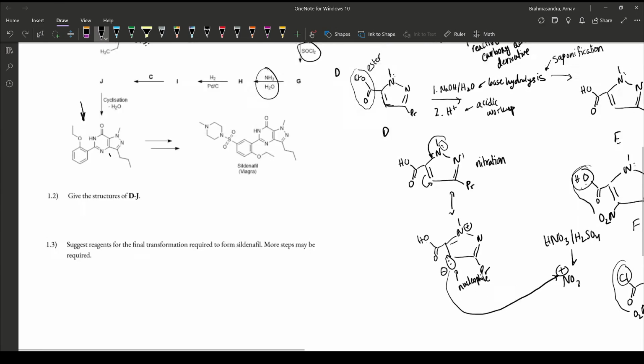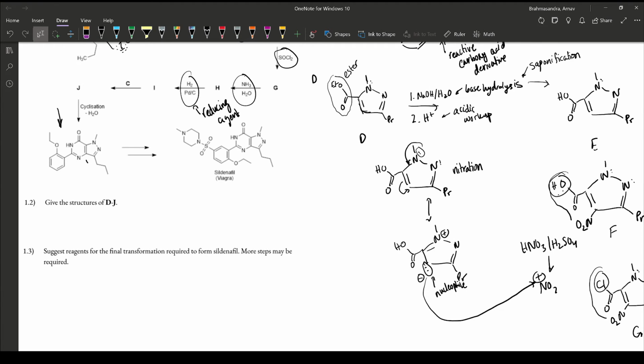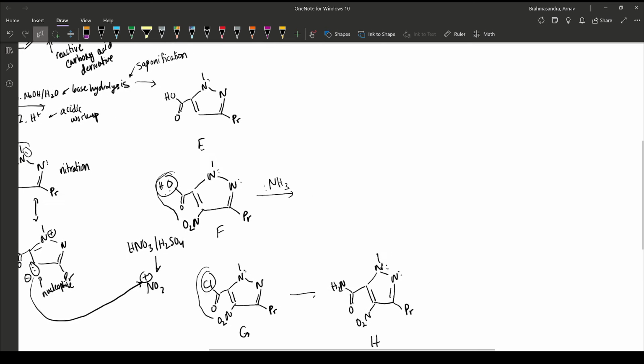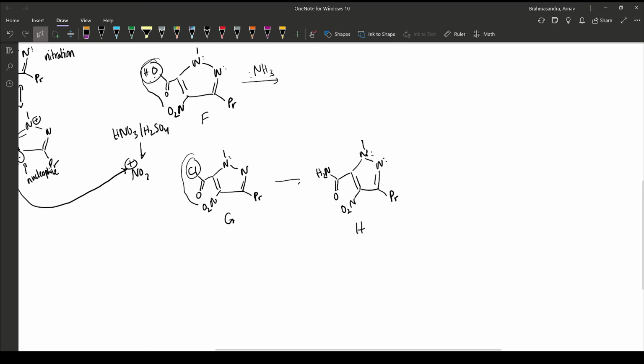Now let's look at our next step. In our next step, we have hydrogen and palladium on carbon. So hydrogen is a reducing agent. This is a really common reducing agent. Some places you might have seen this is to reduce an alkene to an alkane, or an alkyne to an alkane. You might have reduced a triple bond to a single bond or something like that. But hydrogen can also just be a reducing agent in general. So what is there that's easy to reduce? We want to look at what's most probably going to be reduced.